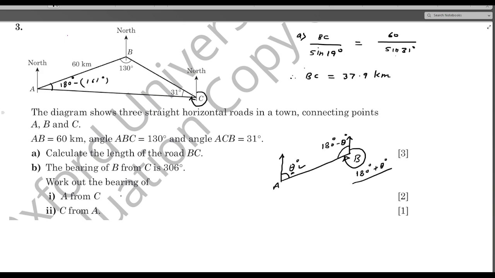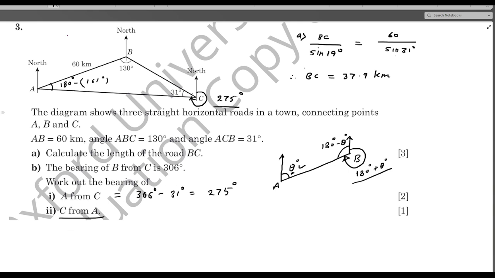So this much angle is going to be equal to 306 degrees minus 31 degrees. So 306 minus 31, 6 minus 1 is 5, and 10 minus 3 is 7, and this is 2, so 275 degrees. So this angle is 275 degrees. This is your bearing of A from C.